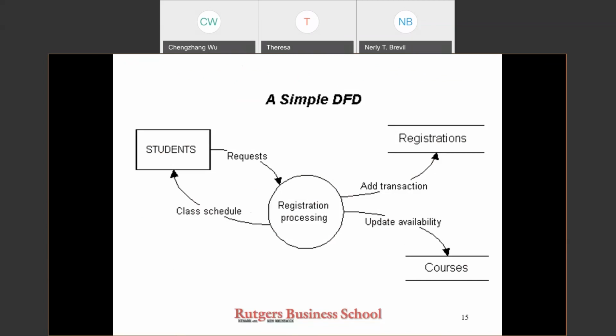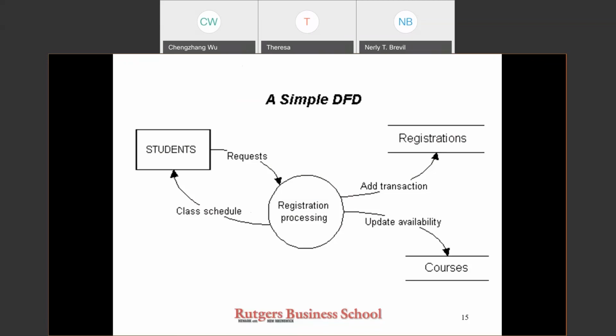A simple DFD diagram for a registration process is shown here. Students is the external entity. Registration process is the process. Registration and courses are the two stores of data.